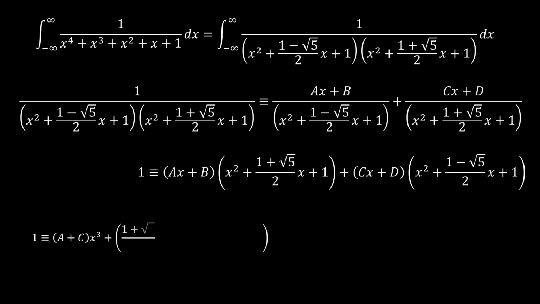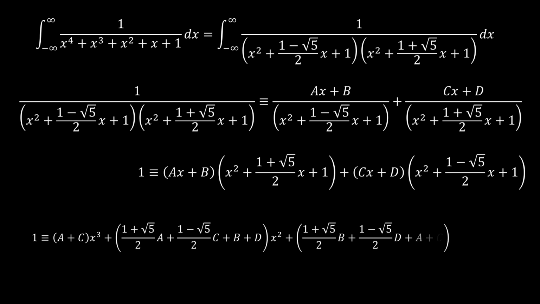We get A plus C, times x cubed, plus 1 plus root 5 over 2 A plus 1 minus root 5 over 2 C plus B plus D, all times x squared, plus open brackets 1 plus root 5 over 2 B plus 1 minus root 5 over 2 D plus A plus C, all times x, plus B plus D.